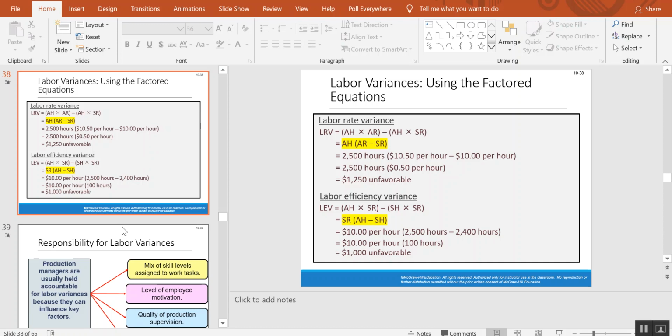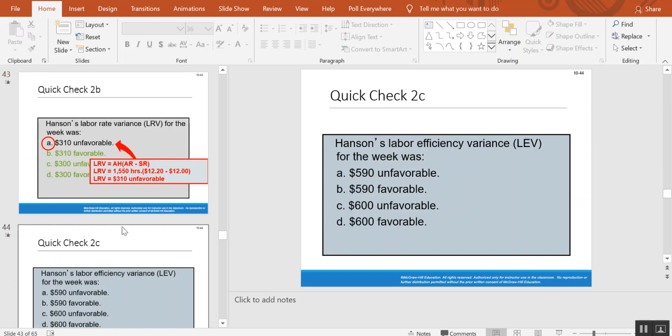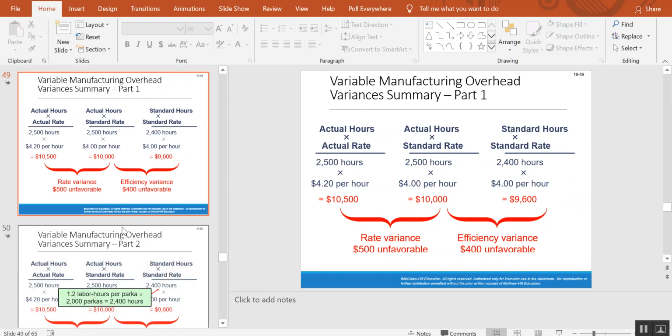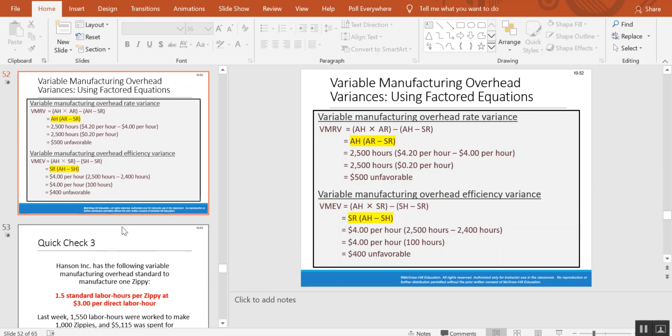Now, the last of these slides that I want to highlight is the variable manufacturing overhead calculations. And again, they use a very similar approach. So you see here, the variable manufacturing overhead rate variance is very, very similar to what we saw with the labor rate variance. The actual hours of variable manufacturing overhead in the calculation for it times the actual rate minus the standard rate.